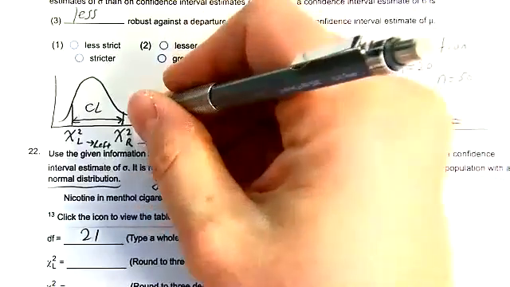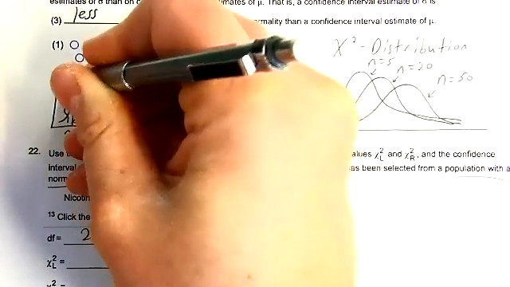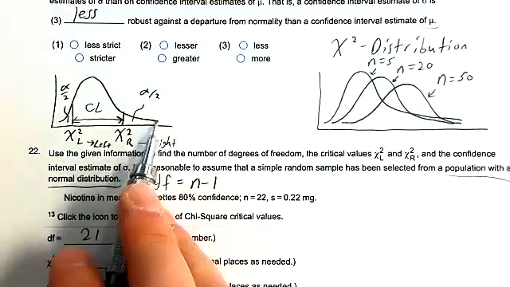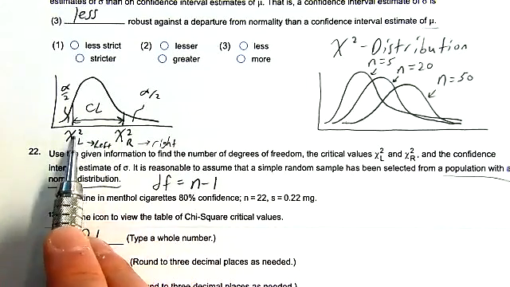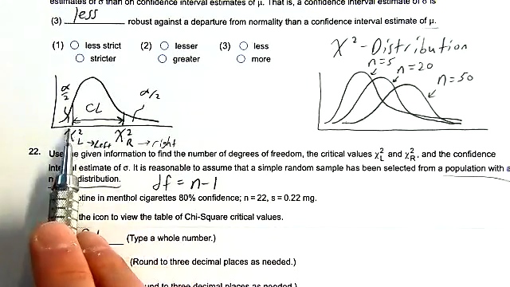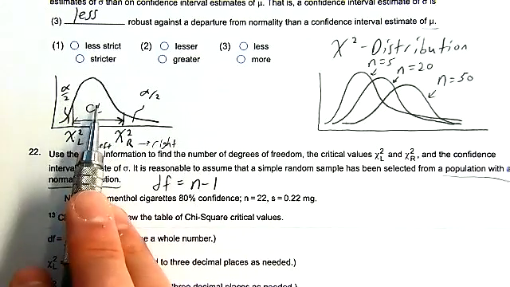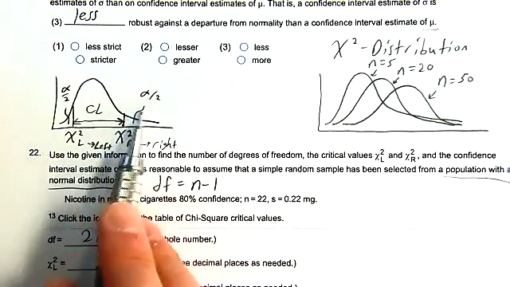And then the area in this tail would be half of your alpha value, and the area in this tail would be half of the alpha value. We've seen this before. It's the exact same concept as for the t-distribution or the z-distribution. I have a confidence level, these two critical values demarcate the lower and upper values, and alpha is how much I'm not confident. So I put half of that area in the left tail, half in the right tail.